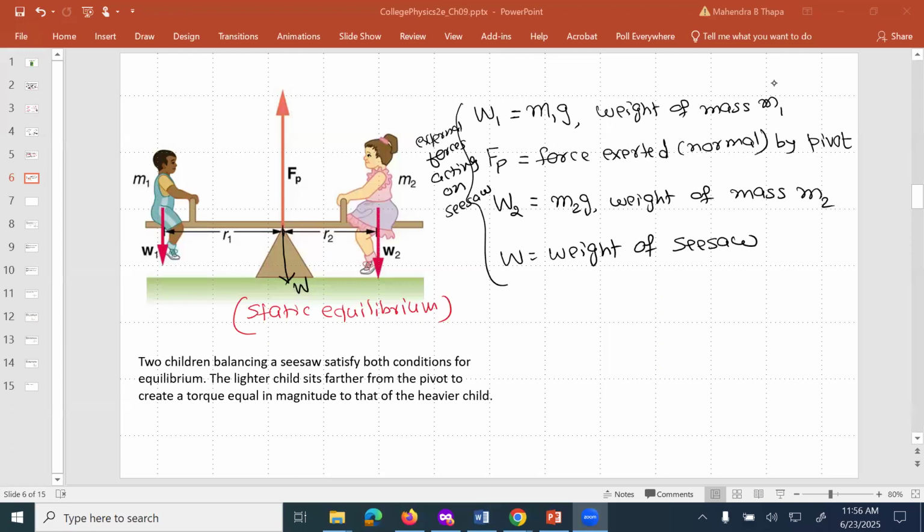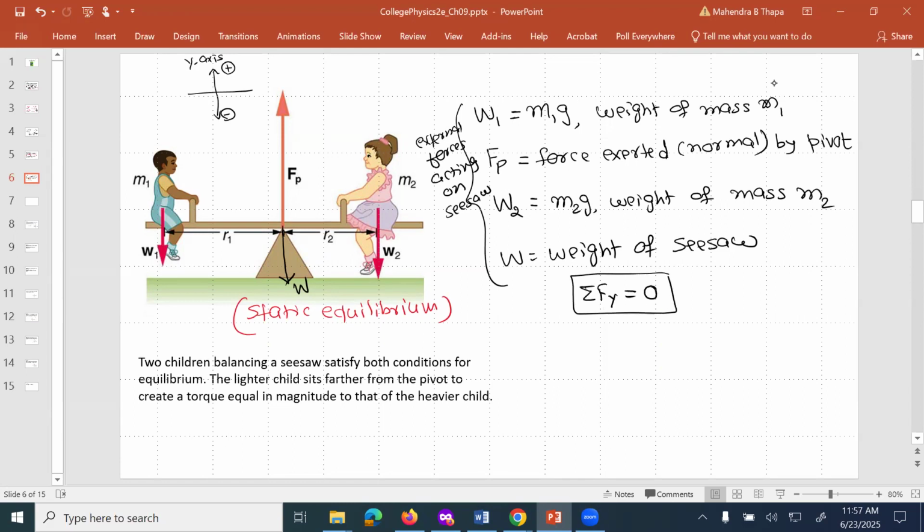If I choose my coordinate system up positive and down negative, say this is my y-axis. In this example, all the forces are along the y-axis. So the equilibrium condition demands that total force along the y-axis should be 0. Okay, this is one of the conditions.